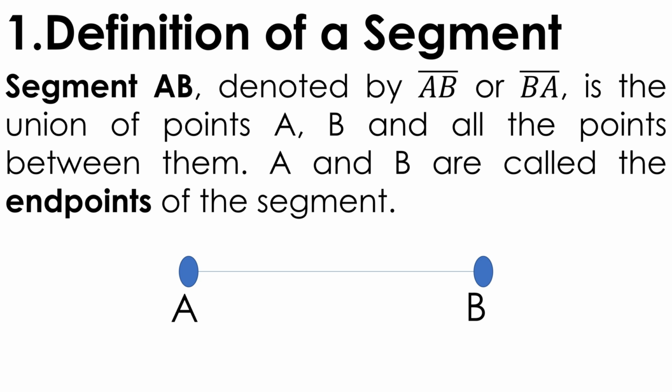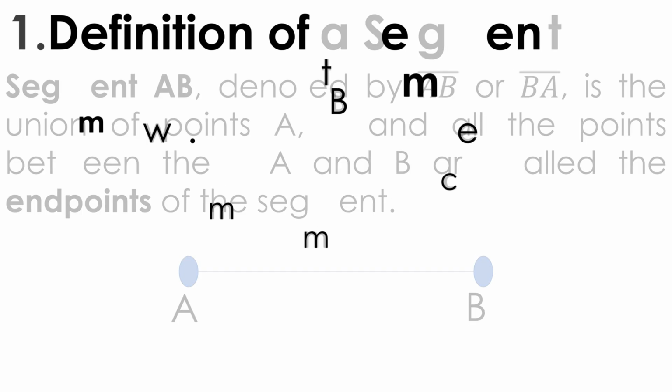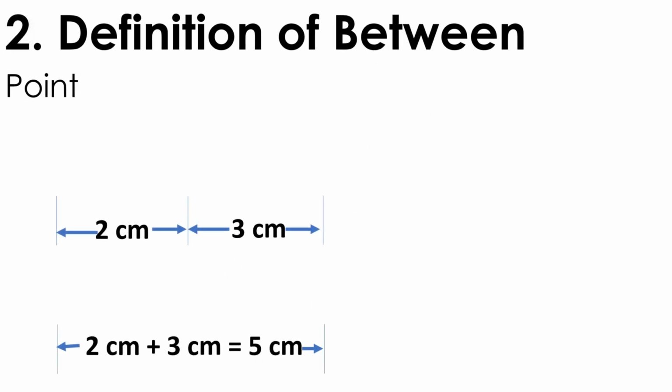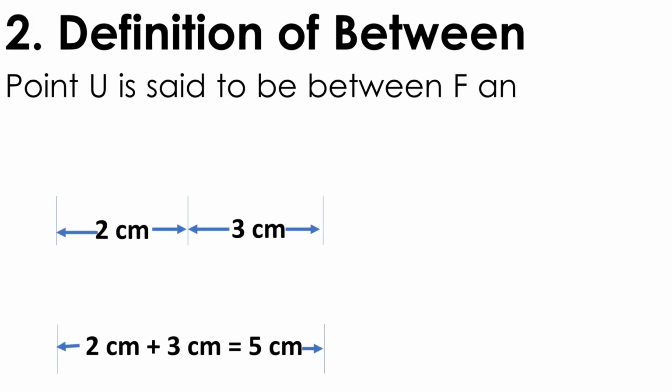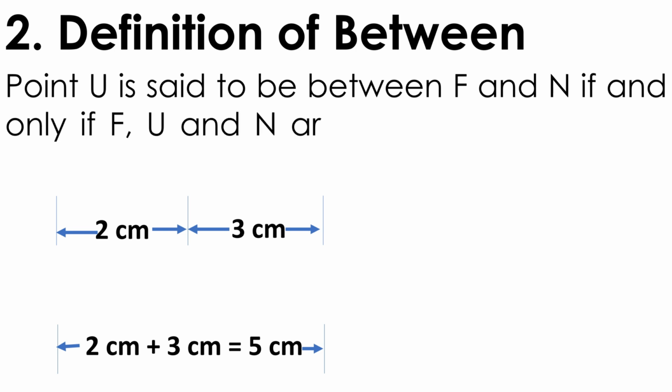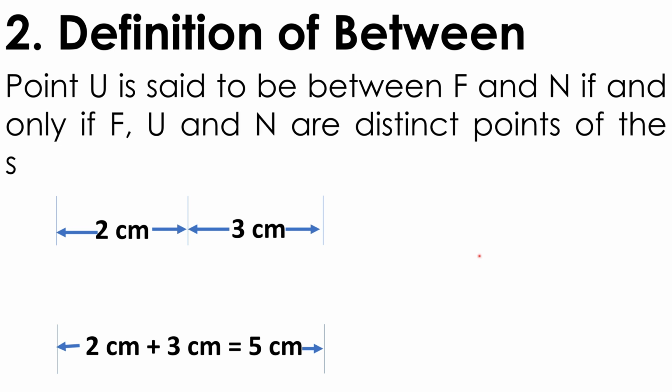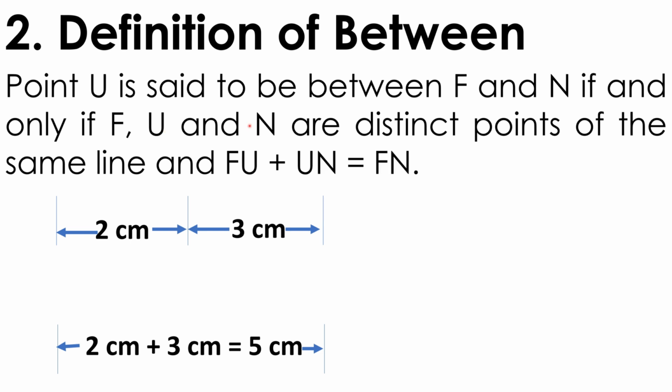Now let's proceed to definition of between. Point U is said to be between F and N if and only if F, U, and N are distinct points of the same line and FU plus UN is equal to FN.